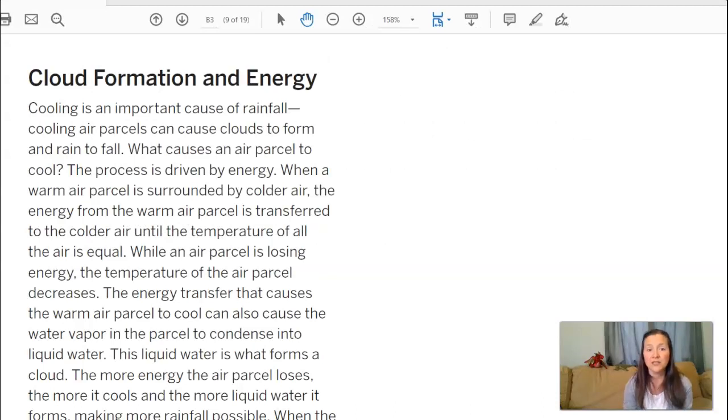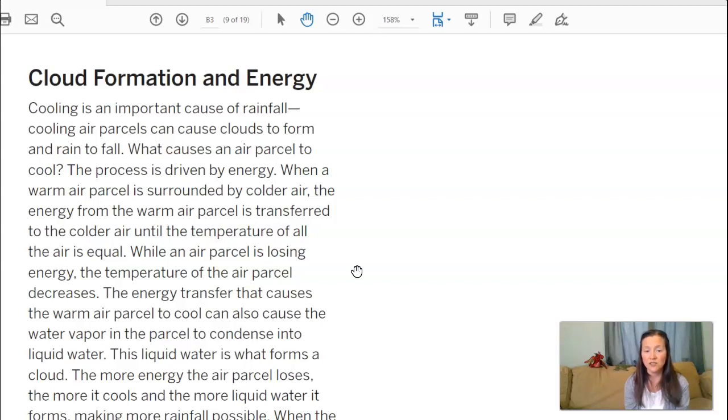So what I notice in here that I think is important is kind of right in this area. When a warm air particle is surrounded by colder air, the energy from the warm air particle is transferred out to the colder air until the temperature of all the air is equal. While an air particle is losing energy, the temperature of the air particle decreases.